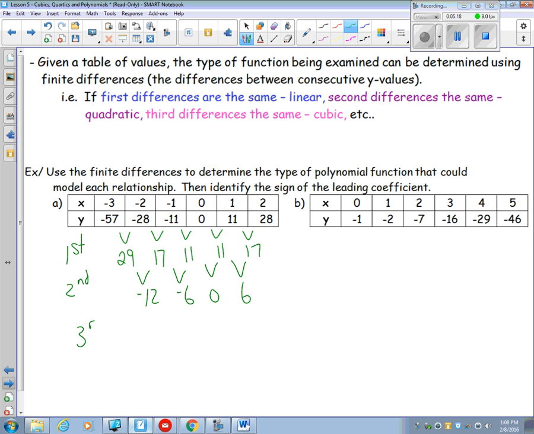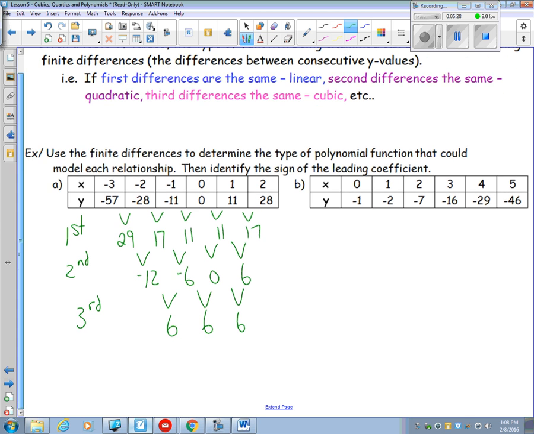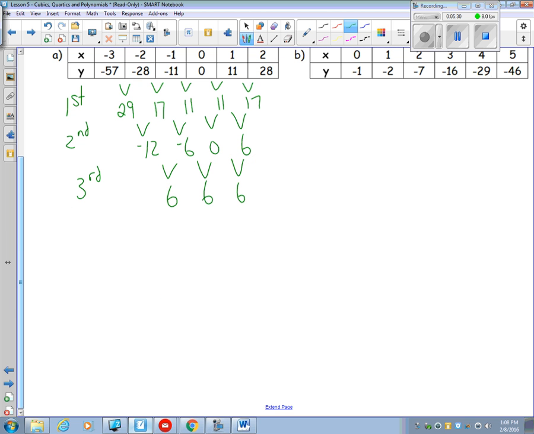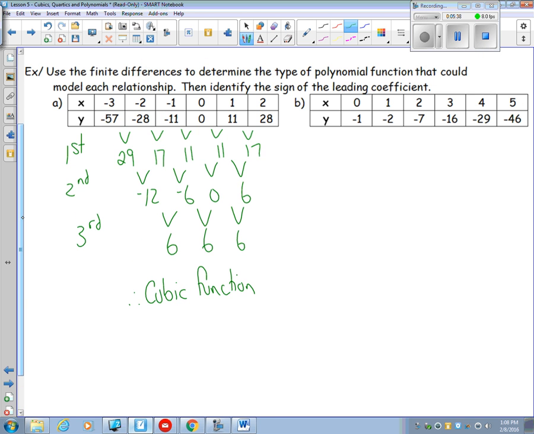Try it again. Third differences. From negative 12 to negative 6, I've gone up 6. From negative 6 to 0, I've gone up 6 again, and the third one I've gone up 6. So my third differences are the same, which tells me that this is a cubic function. The other nice thing about the sign of your differences is it gives you the leading coefficient.